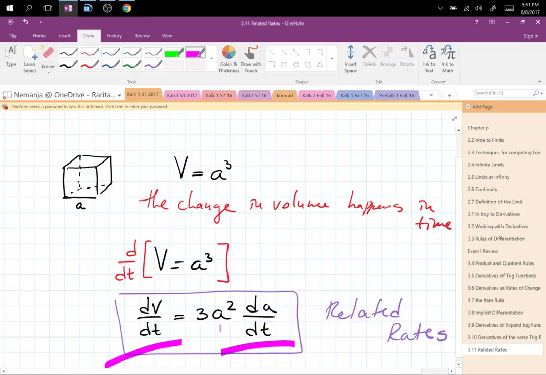So there are two rates of change, and they are related with the equation in between. So the title tells you what's happening here easily. Related rates means you have to have at least two different rates which are related with whatever equation is connecting those rates.